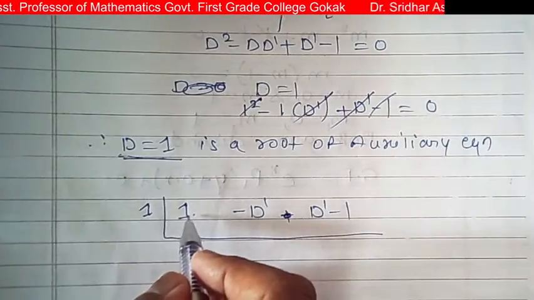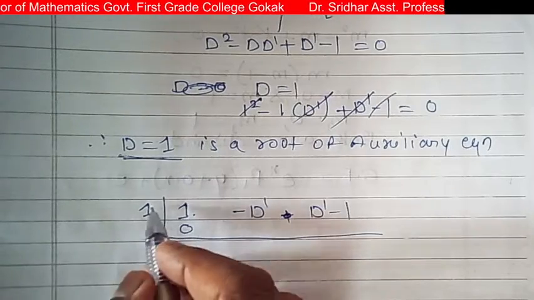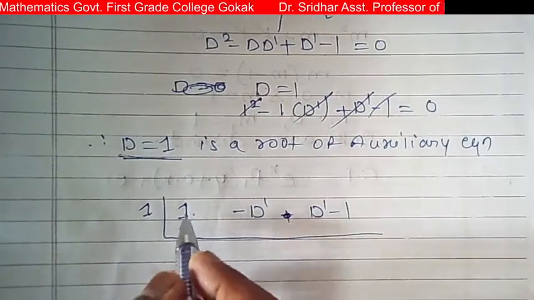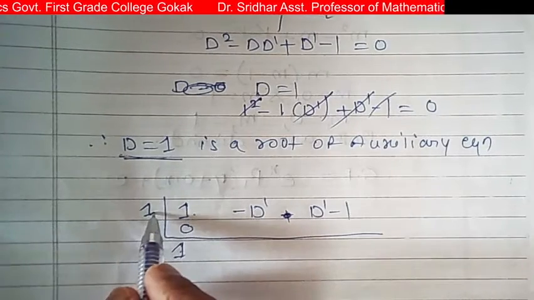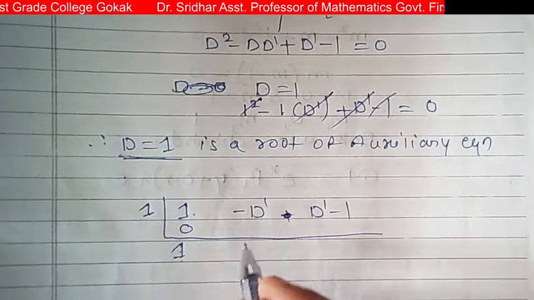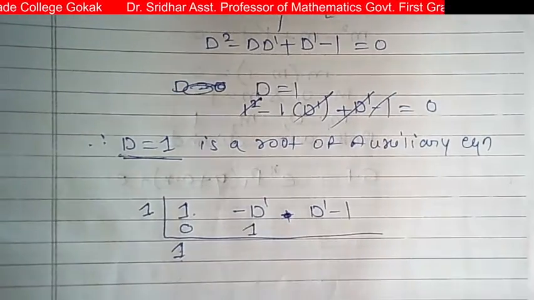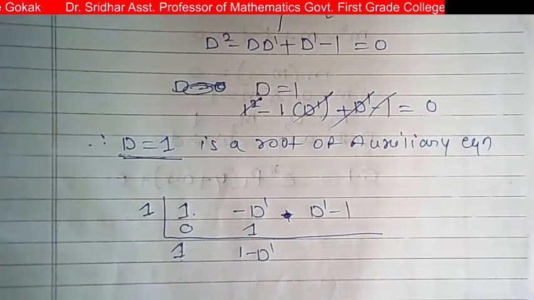Next, below the first element take 0. Then multiply and add these two, this is 1. Next multiply this with the first root, 1 into 1, 1, and write it below the second element. Now add these two, it gives 1 minus D dash.